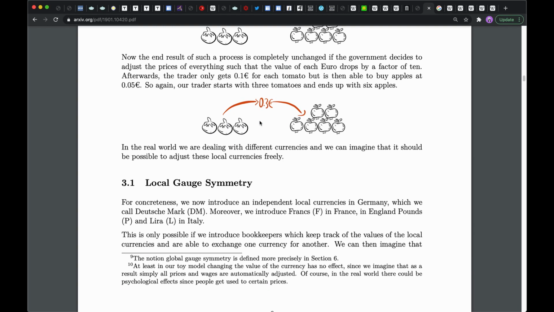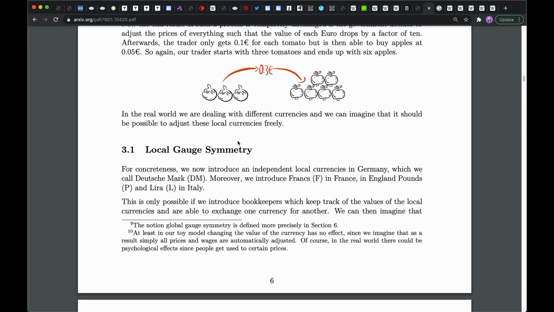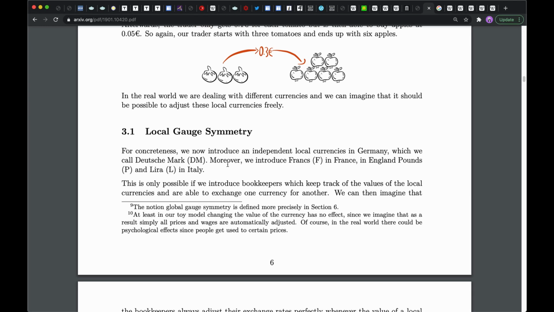Instead of doing that, we can also consider local currencies. Like in Germany we have Deutschmarks, in France we have francs, in England we have pounds, and in Italy we have liras.